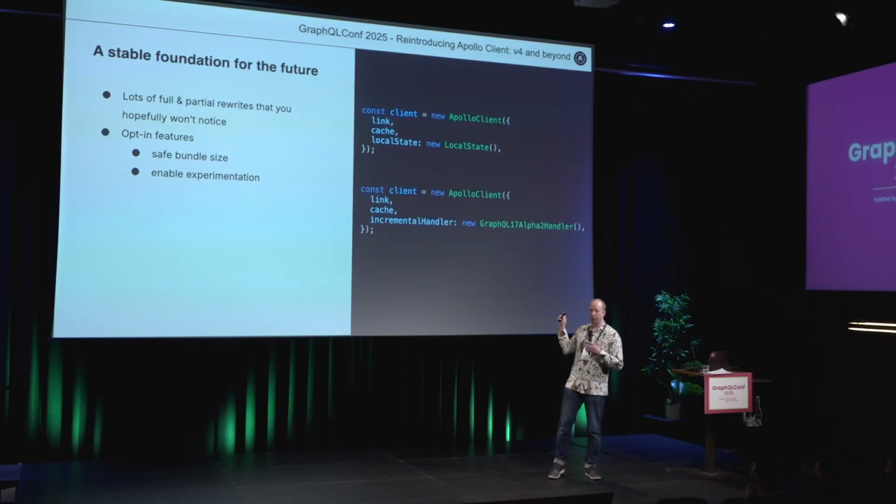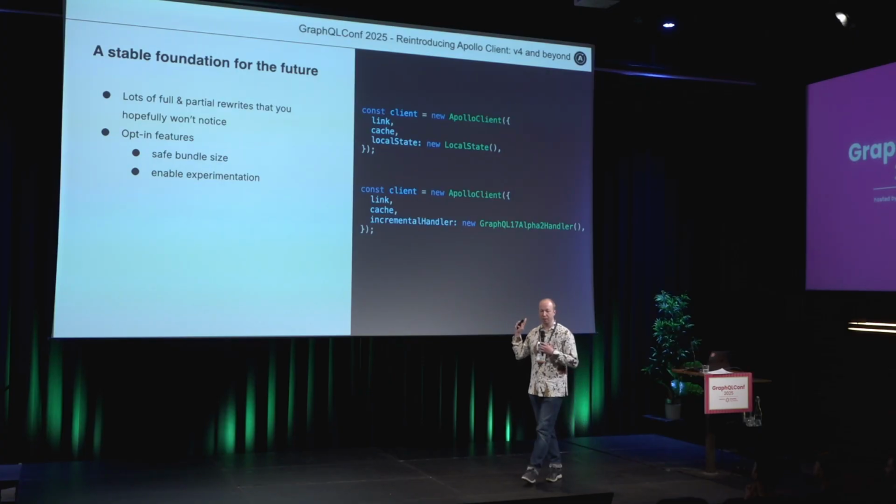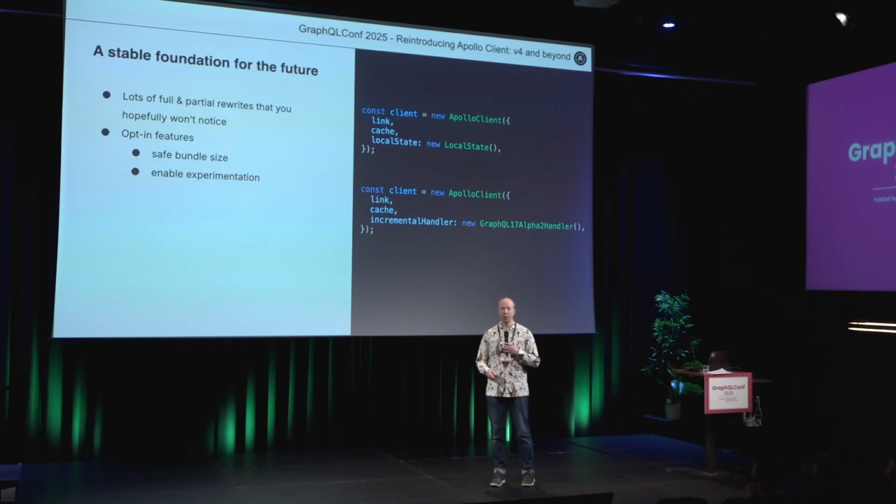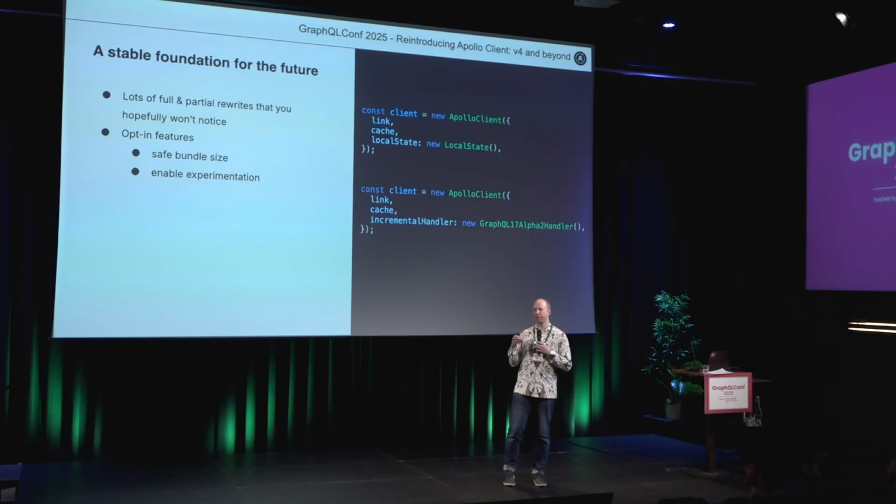And that's the point I wanted to come to: we enable experimentation. So now we are not locked into the defer from GraphQL alpha 2 anymore, but you can pass in the defer handler for the defer version your server uses, and we don't force that upon you as we did before.